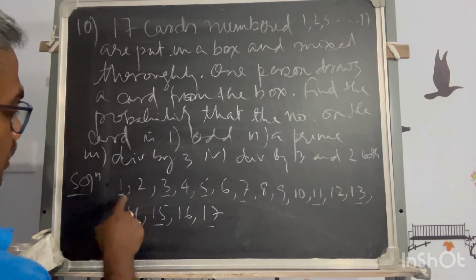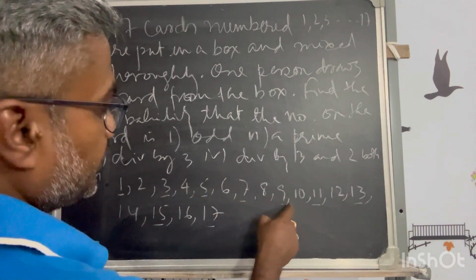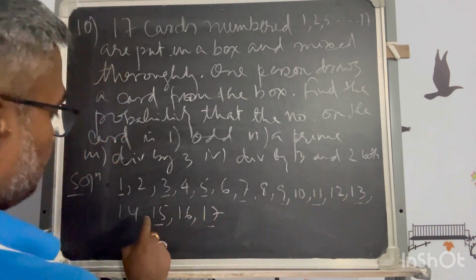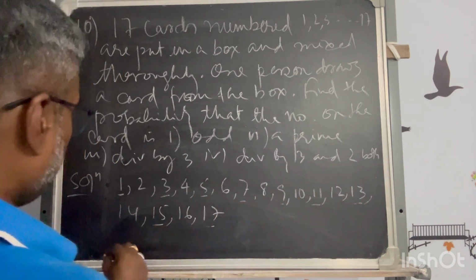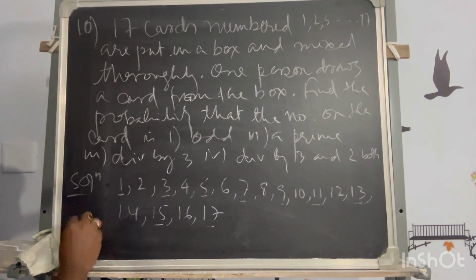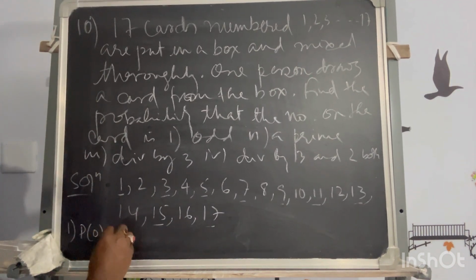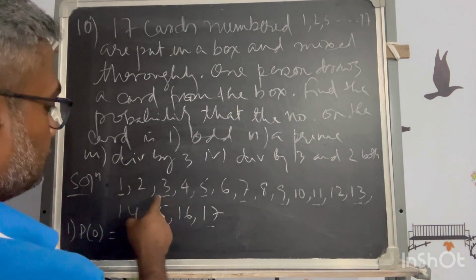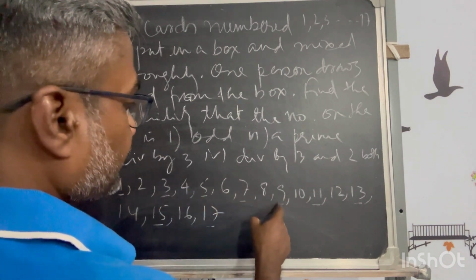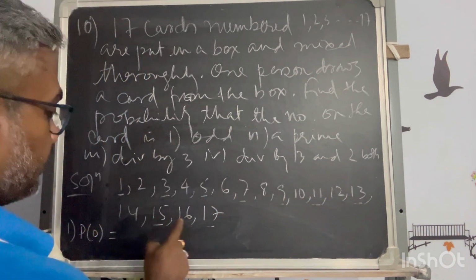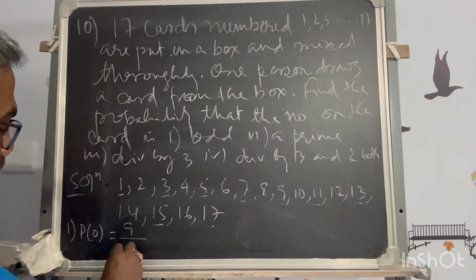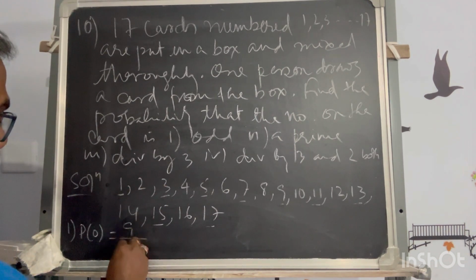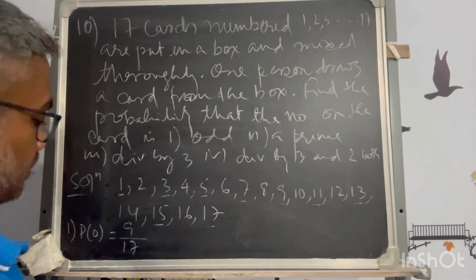So how many? 1, 2, 3, 4, 5, 6, 7, 8, 9. So the probability for the first case of getting odd is 9 out of how much? 1 to 17, 17 numbers. So this will be your probability.